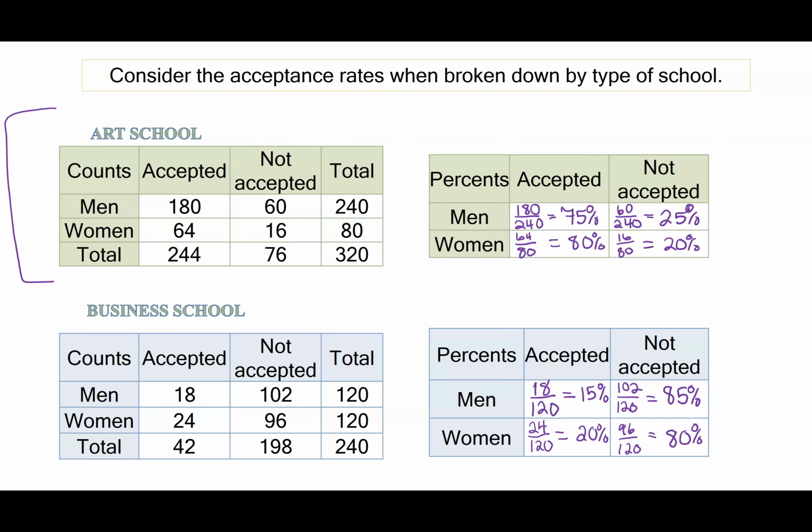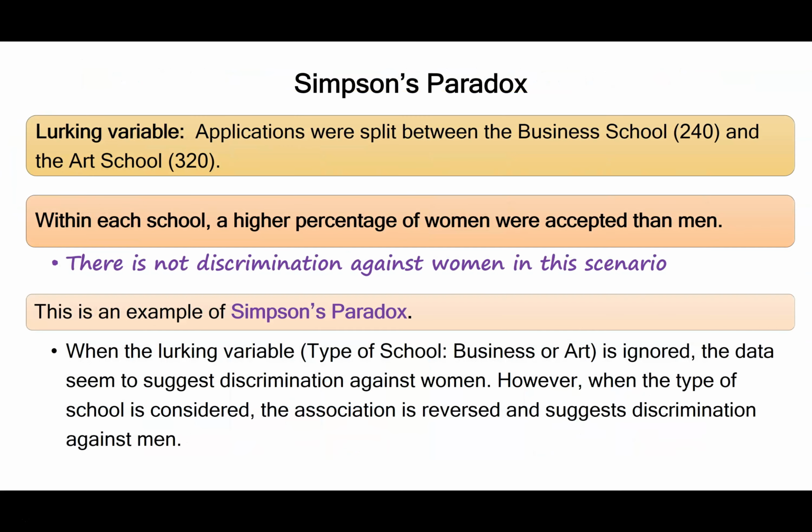So that's what Simpson's paradox is. There's a lurking variable there. The applications were split between the business school and the art school. You can see that a lot more people applied to the art school, and I want to say the art school had higher acceptance rates. So absolutely, that had a huge impact there.